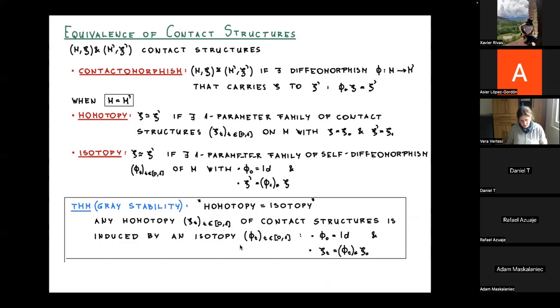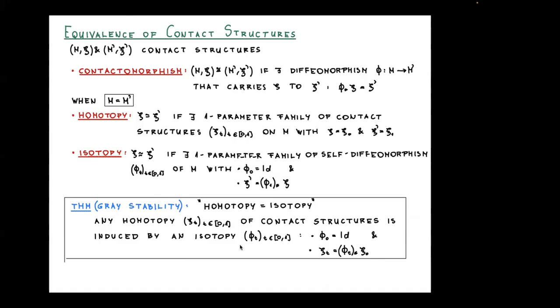One is that they could be homotopic to each other as plane fields, always keeping them as contact structures. So there's a homotopy of contact structures, and then there is the stronger notion of isotopy, when there's a one-parameter family which brings one of them to the other.